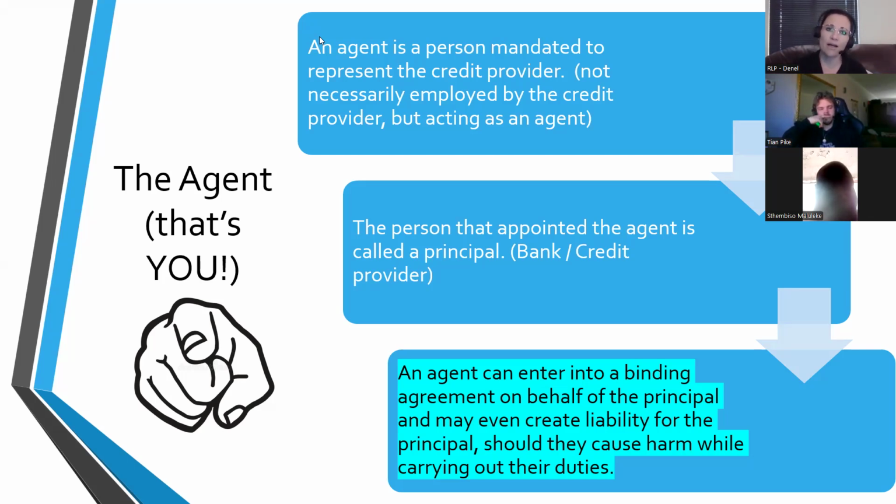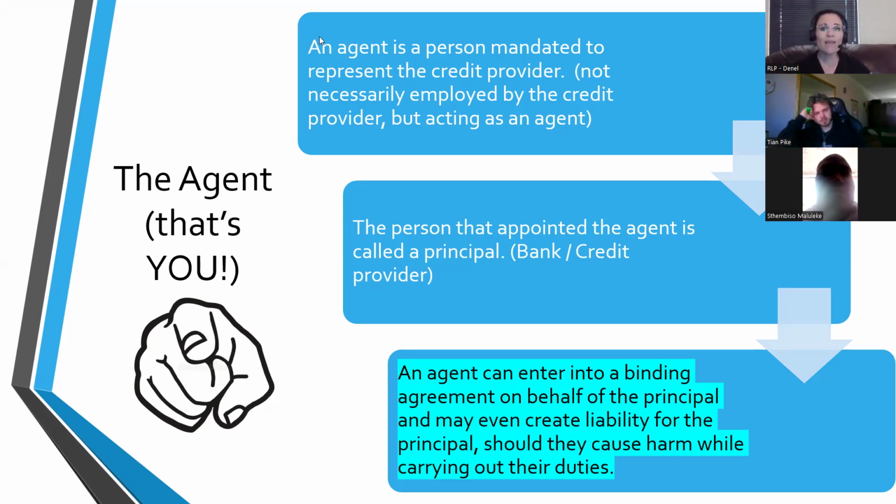When they sign the contract, they are entering into a binding agreement on behalf of the credit provider, right? Because you don't see someone from Absa coming in to sign the contract, or someone from Standard Bank. So when the F&I, the finance and insurance manager, signs the contract with the consumer, they are entering into a binding agreement on behalf of the bank.